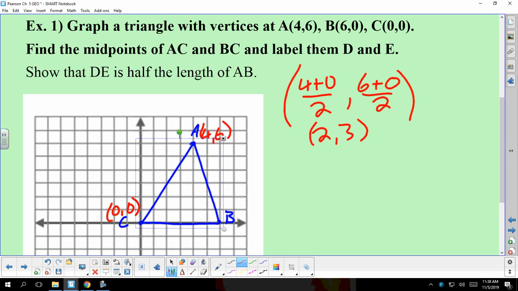So I go over 1, 2, and up 1, 2, 3. There's the midpoint of AC. Add the x's together, divide by 2, add the y's together, divide by 2. We're going to label this point D.